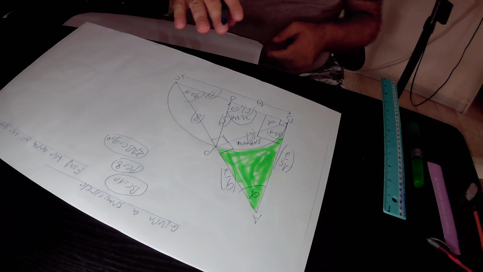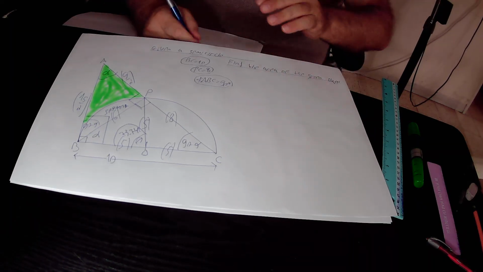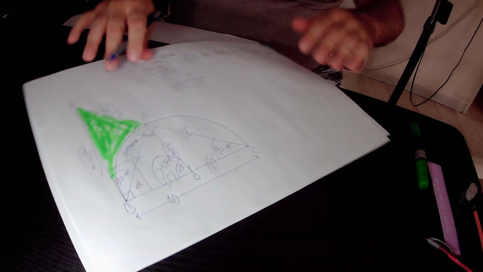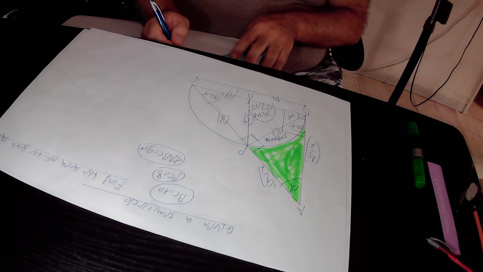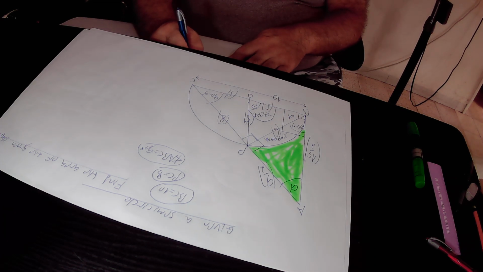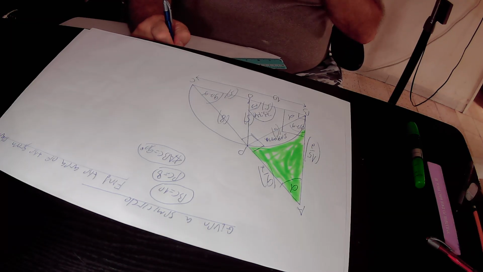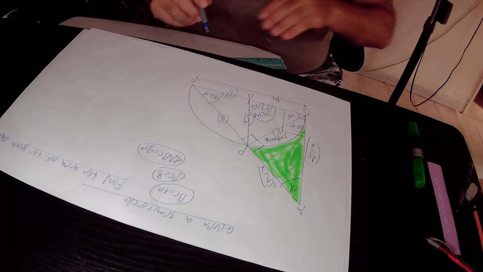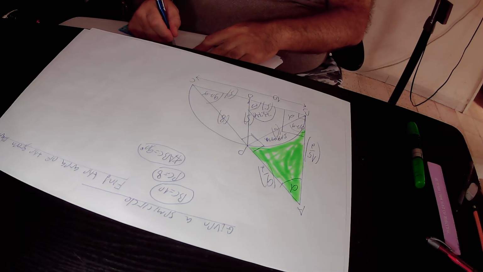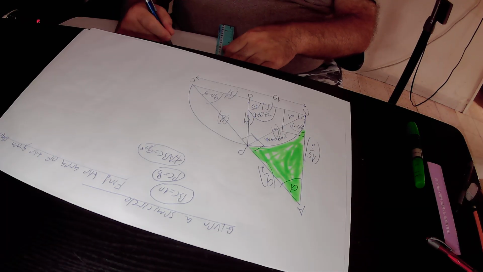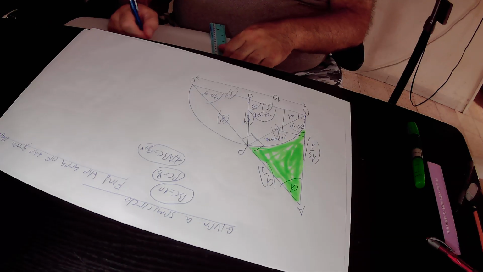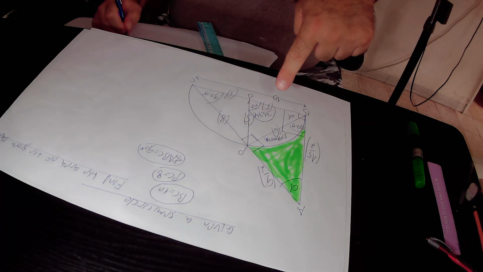So write it down. The area of this segment BP is equal to the area of sector BOP minus the area of this triangle BOP.